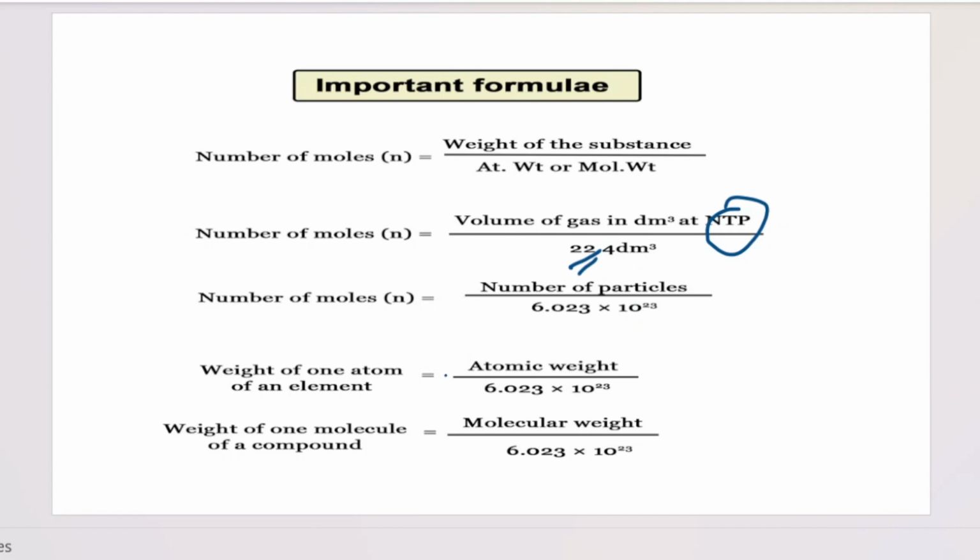The number of moles is number of particles upon Avogadro's number. Weight of one atom of an element is atomic mass upon Avogadro's number. Weight of one molecule of a compound is equal to molecular mass upon Avogadro's number. Okay, now we will solve some problems based on this.